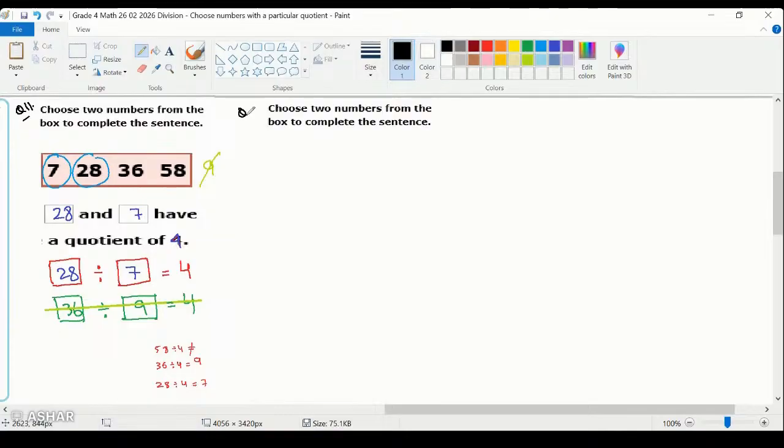Question number 12. Okay. For the next question, from the given 4 numbers, we need to find two numbers which have a quotient of 6.